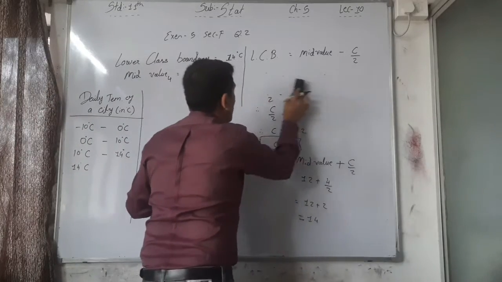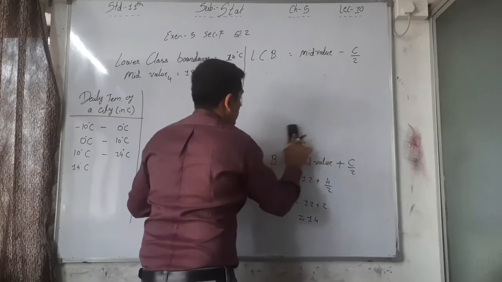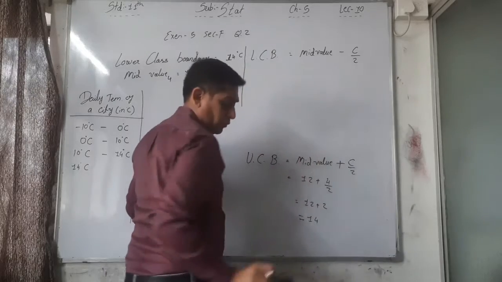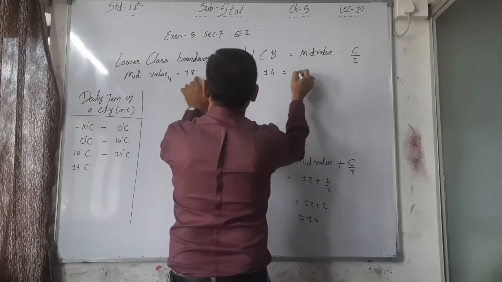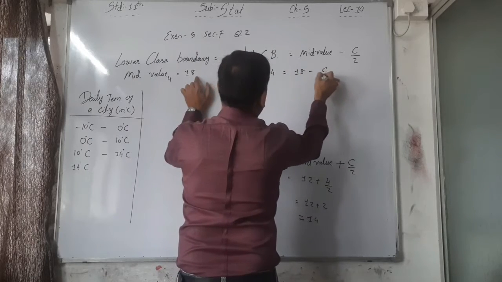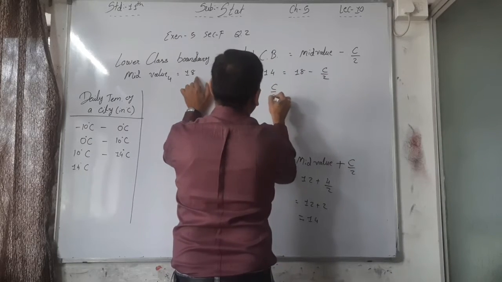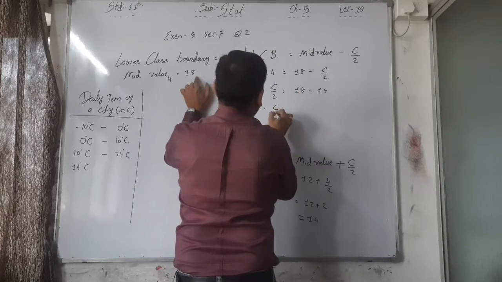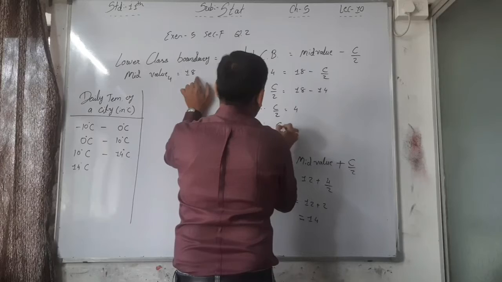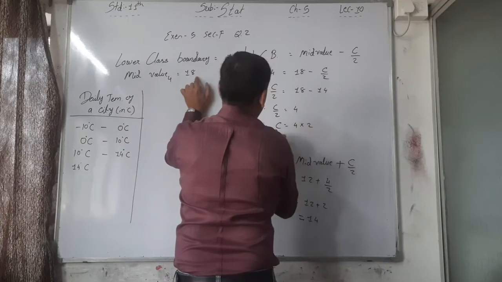Just follow this only. So here lower class boundary is 14, mid value is 18, C by 2, again same procedure, 18 minus 14, C by 2 is equal to 4, C is equal to 4 into 2, therefore C is equal to 8.